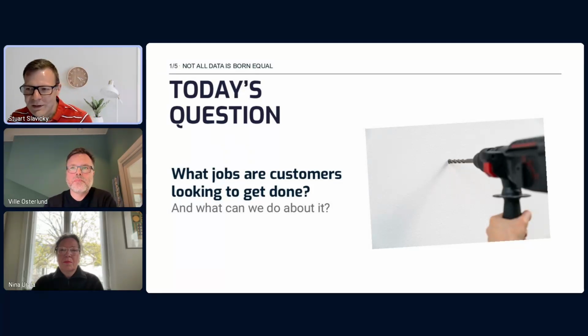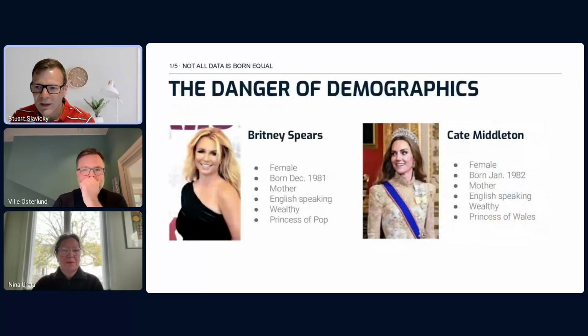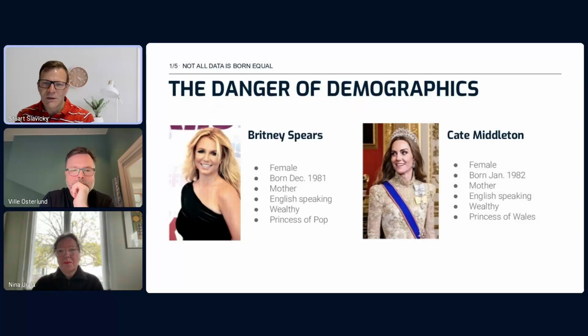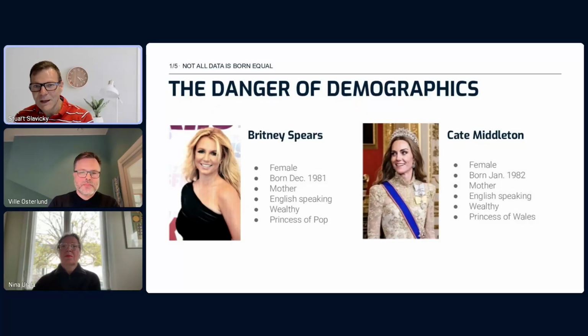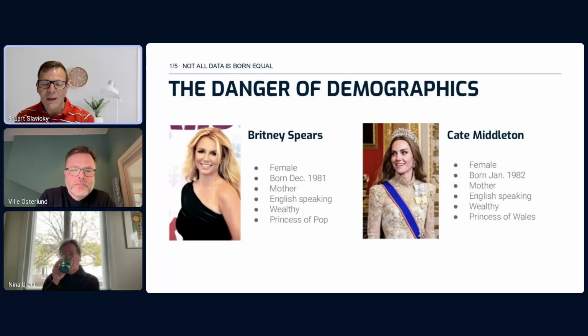I like to illustrate this point further with an example. Here we have two people who on paper are identical. They're both female, born within a month of each other, both mothers, both speak English, both wealthy, both princesses in their own right.